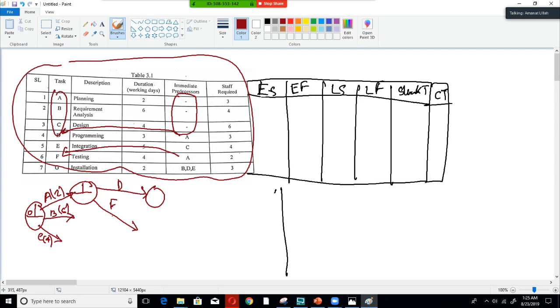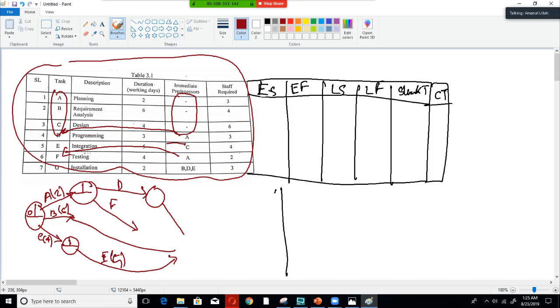Later we see that we find B, D, and E. Where's E? But E starts after C, so this should be E. And E has the duration of 5.